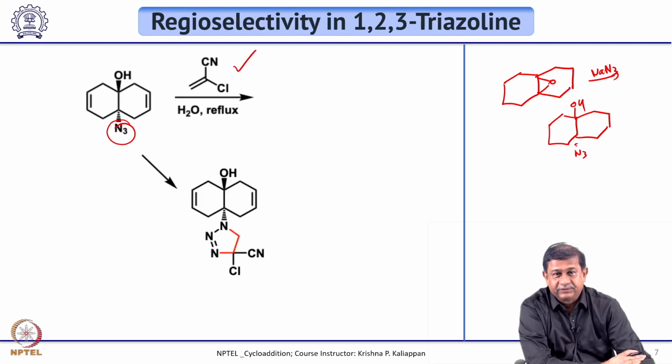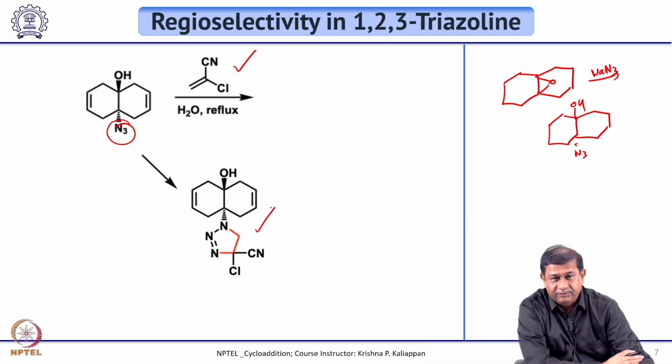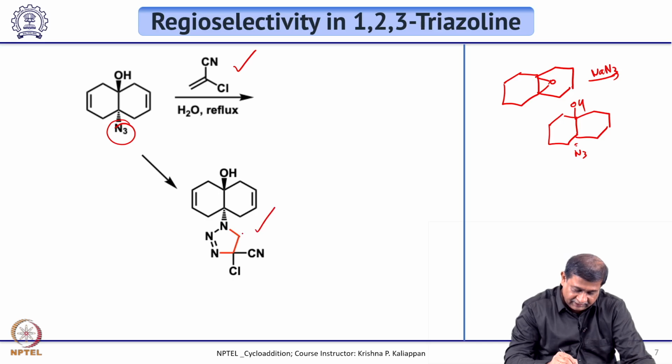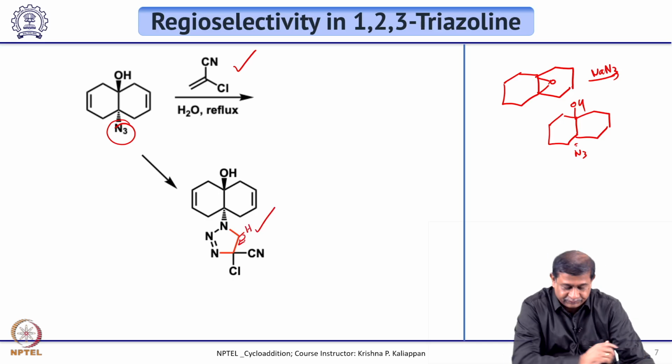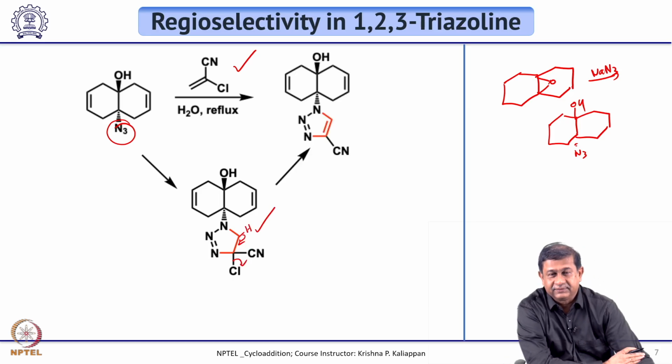Okay. So first the 1,3-dipolar cycloaddition takes place to give this compound, and now you can see it can undergo elimination of HCl in situ. If that happens, then it will give this very interesting triazole. Okay, it is a cyanotriazole.